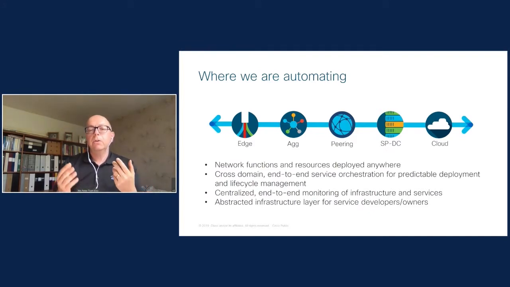Automated networks include not only provisioning of a service, but also the end-to-end monitoring of the infrastructure and service instances. Last but not least, automation provides an abstracted infrastructure layer for service developers and owners, which means that you have one entry point for your service developers and anyone who would like to interact with your network management.